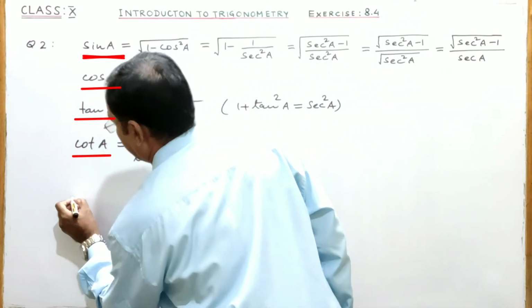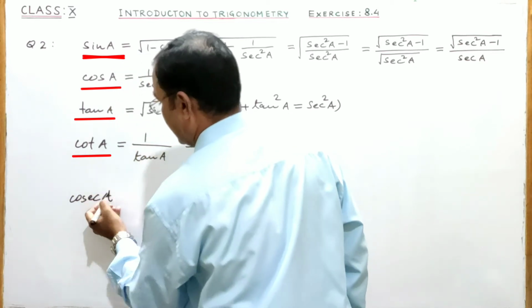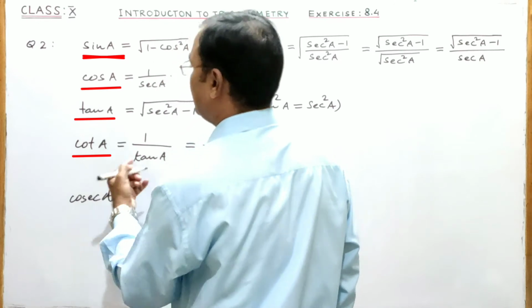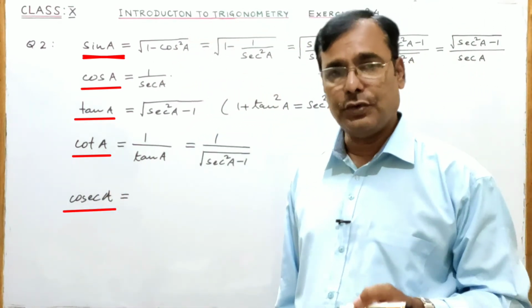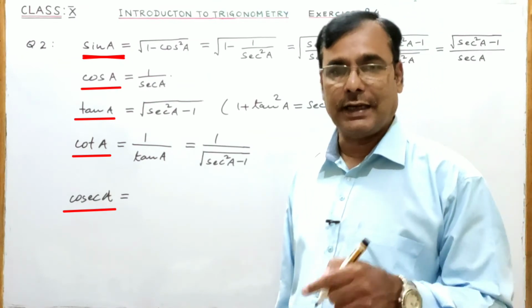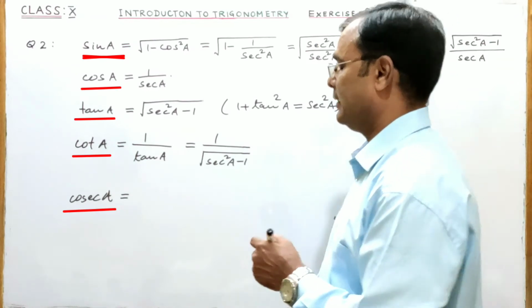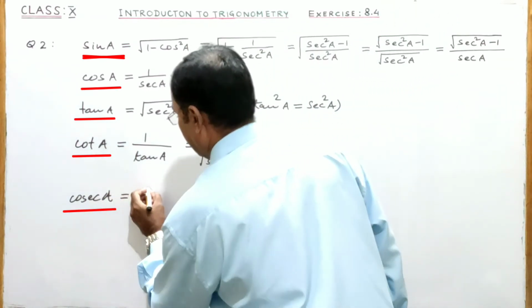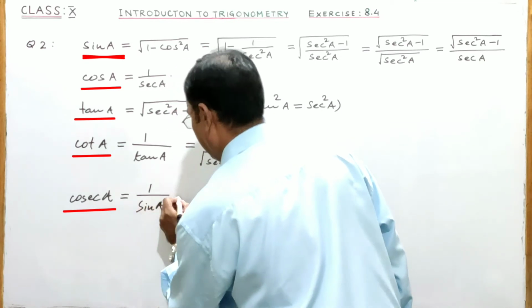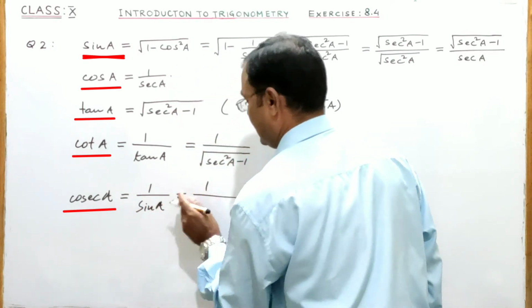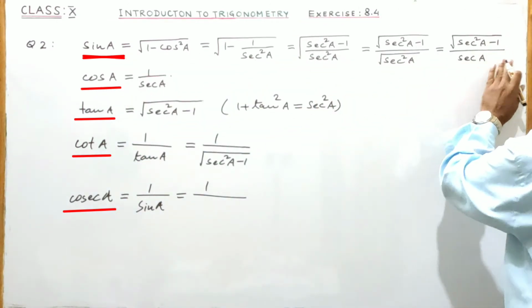Next is cosec A. Cosec A we have to express in terms of sec A. So cosec we have to change in sine, and sine we have to change in sec. So cosec A we can write equal to 1 by sine A, and sine A we have already expressed in terms of sec A like this.